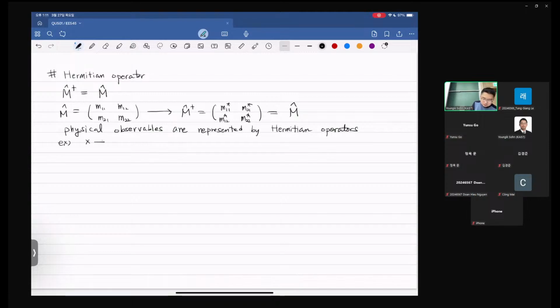These are operators we have learned. Multiplying by x is the position operator. In quantum mechanics, differentiation represents P. And energy is represented by the Hamiltonian operator. Position, momentum, energy are all measurable physical quantities, so they are all supposed to be Hermitian operators.